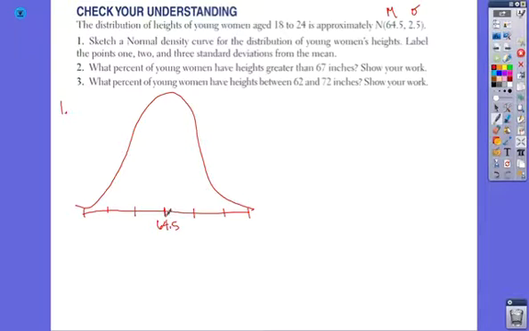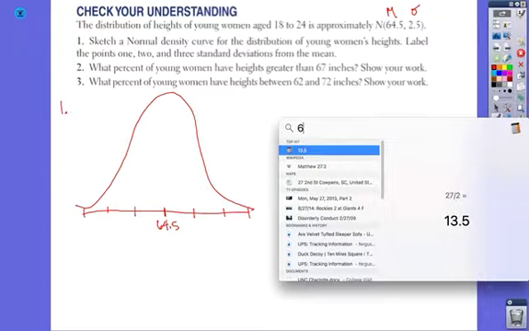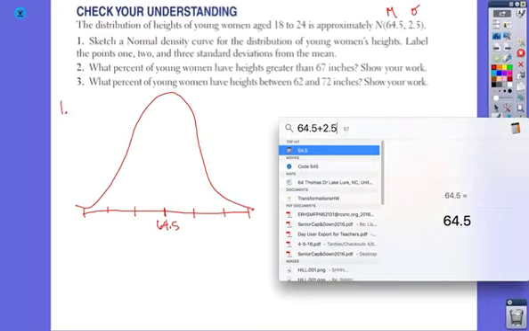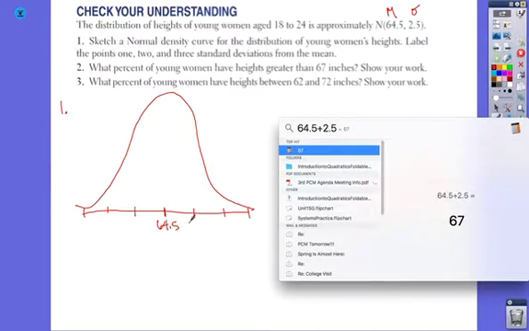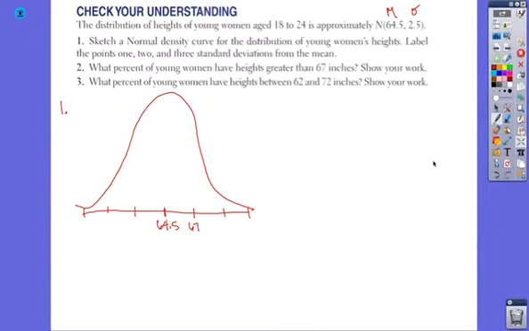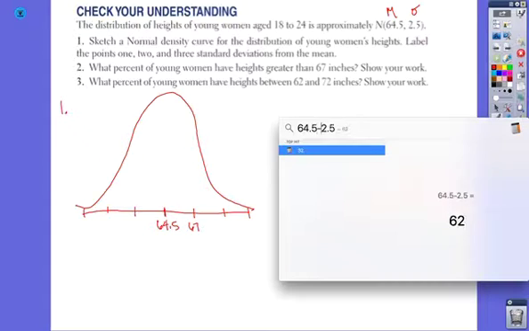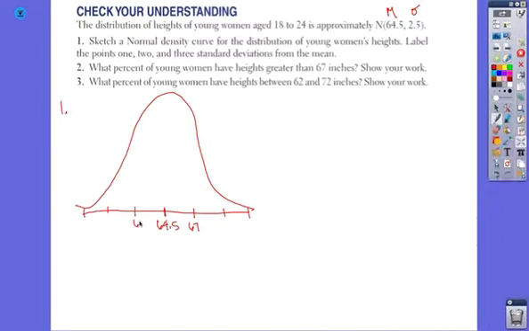To get 1 standard deviation away on the right side, we would say 64.5 plus 2.5, which gives us 67. To get 1 standard deviation away on the left side, we would say 64.5 minus 2.5 and get 62.